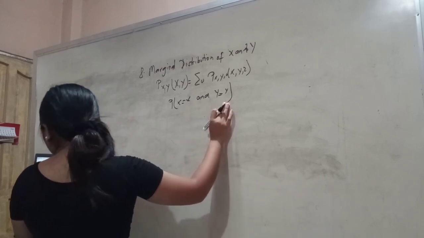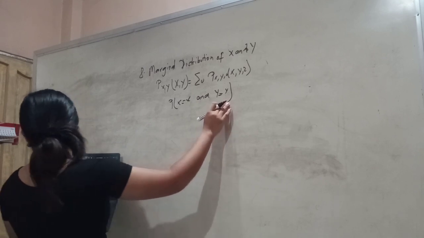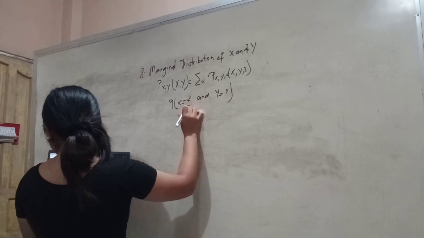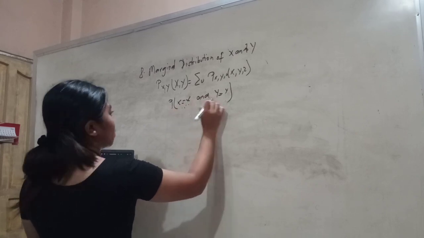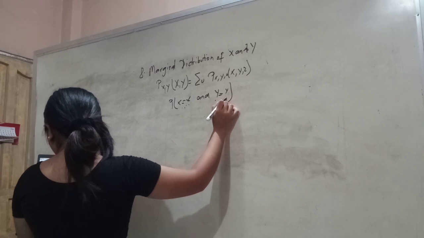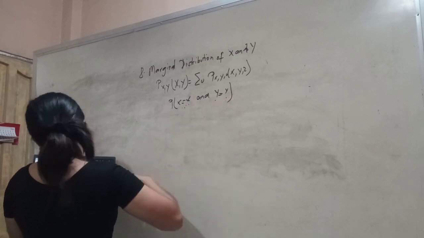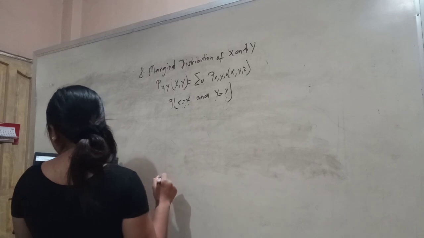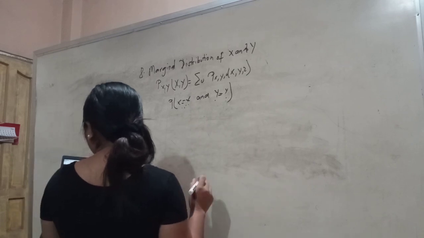So we want the probability that X is equal to x and Y is equal to y, regardless of what z is, so we sum over all possible z values.